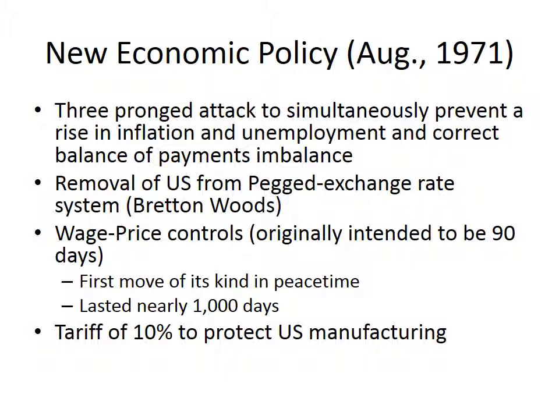Now, it's originally intended to be in place for 90 days. It will end up lasting for over 1,000 days, because throughout, the economic analysts keep suggesting that as soon as you remove these, the inflationary pressures that you've been trying to control, this overabundance of money, is going to exert itself, and you're going to have massive inflation.